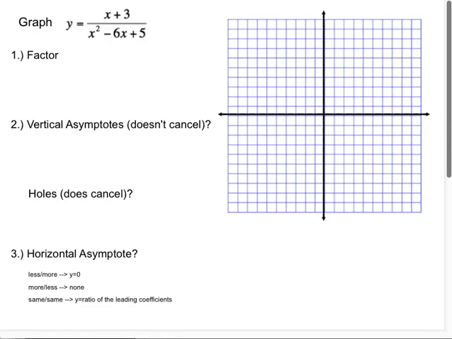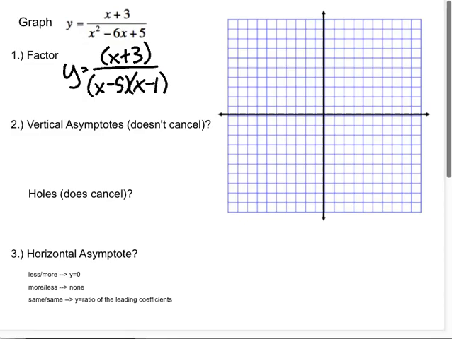Whoops, I think I went too far. All right, so let's take a look at this one now. Again, the first step is factoring. So we have x plus 3 on top. The bottom is going to break up into x minus 5, x minus 1.